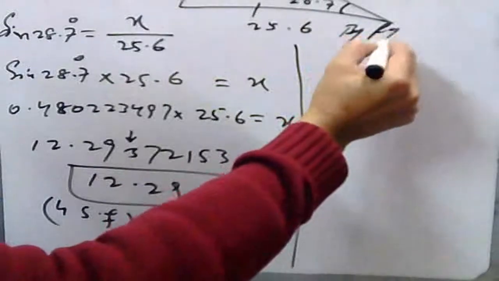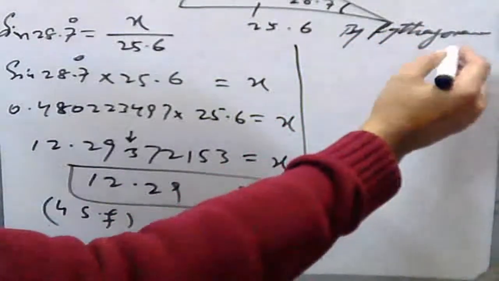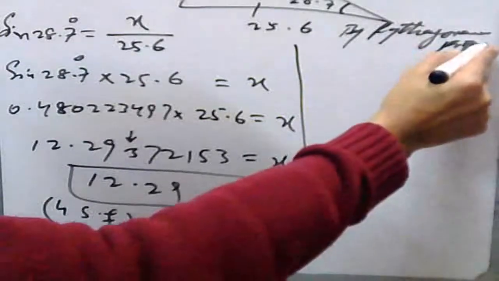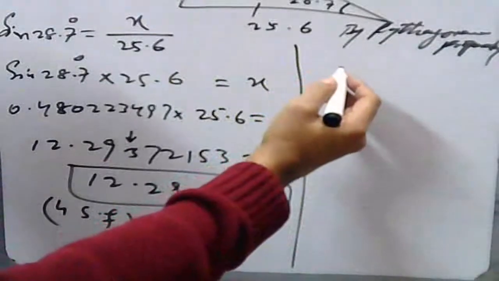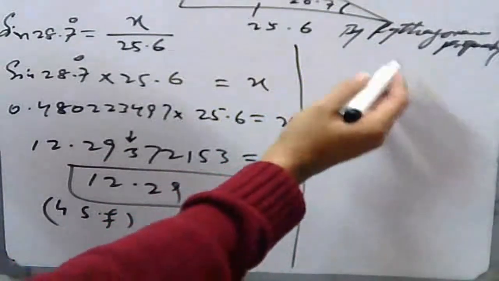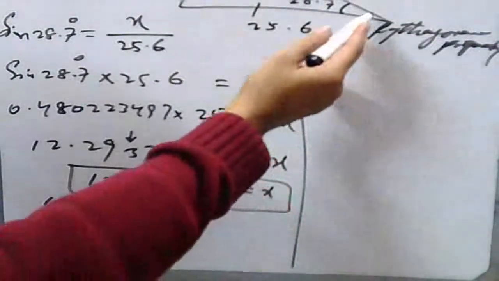Now we need to find the value of y also. So by using the Pythagorean property, because we have two sides and the third side can also be found.